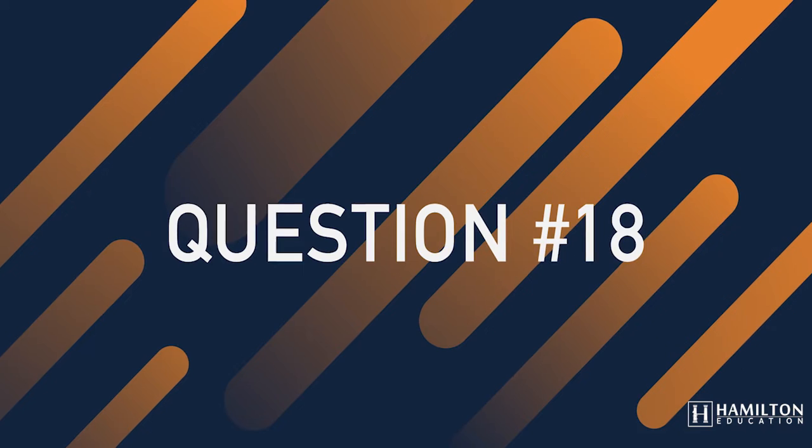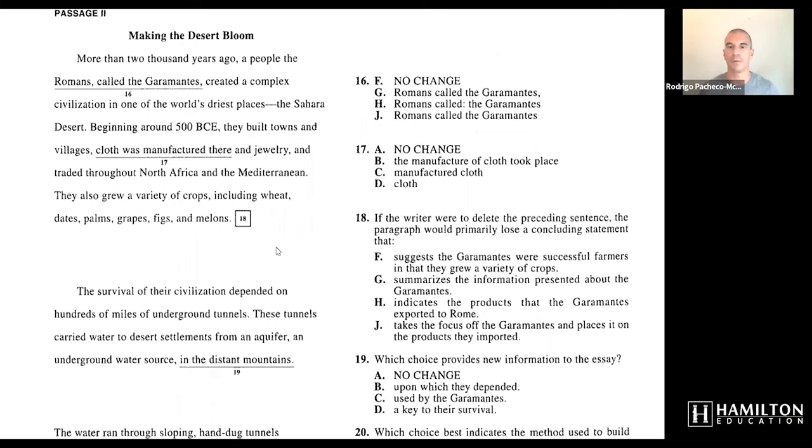Question 18 is a purpose question. Here we have to think about what the essay would lose if we were to delete certain elements. So looking at the question stem here, if the writer were to delete the preceding sentence, the paragraph would primarily lose a concluding statement that does which of the following. So we're talking about this sentence here.